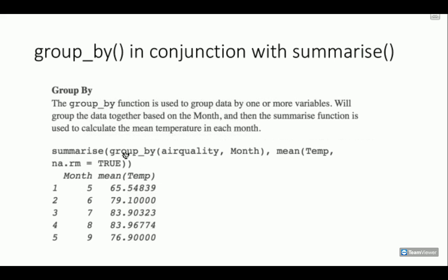So here group by again is a new function. So you use group underscore by, and you group this data set by month, and to those individual grouped smaller data sets by month, you apply this mean. So you see the result over here. For each month, you're getting the average temperature for that month.